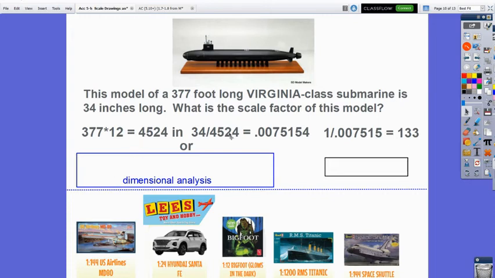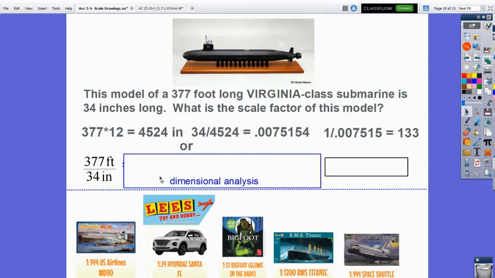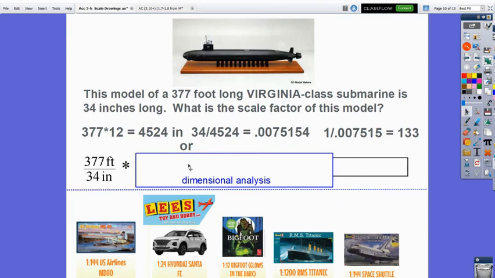The other way to do this is with dimensional analysis. Kind of gets your divisions and multiplications straightened out. If you do the larger measurement on the top and the smaller measurement on the bottom, then you'll get this 133 number at the end. Okay, 377 feet divided by 34 inches. That's the scale that we know, the scale with different units.